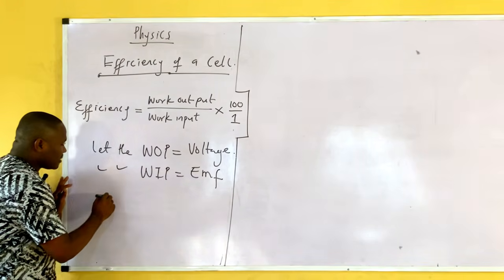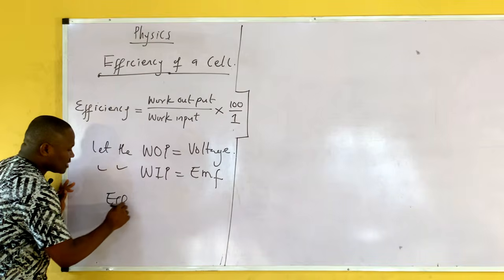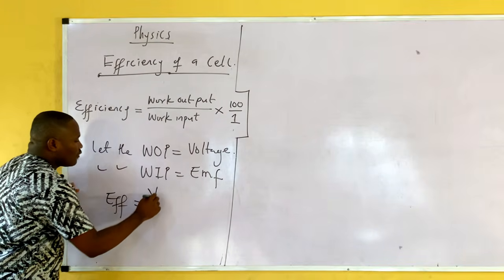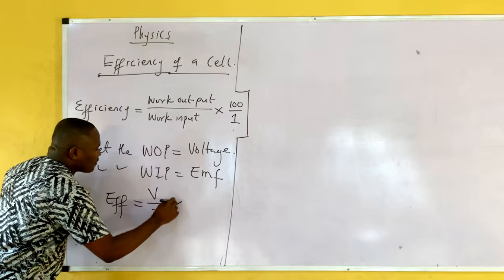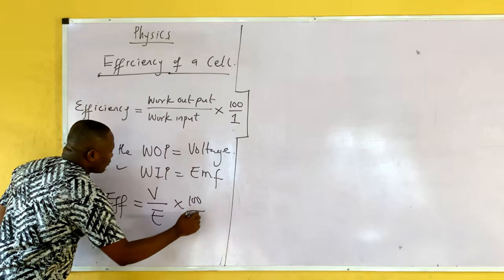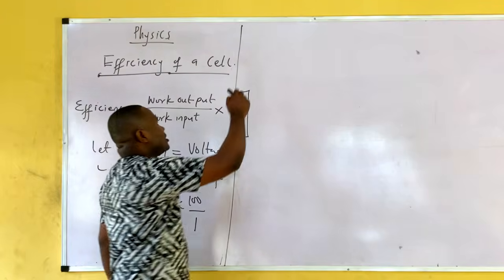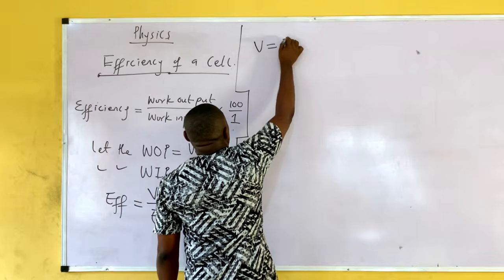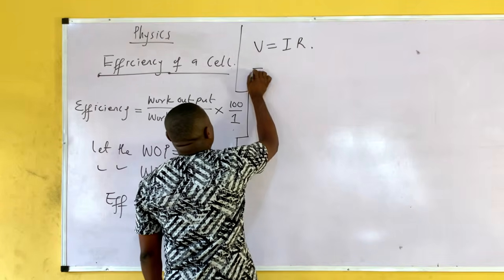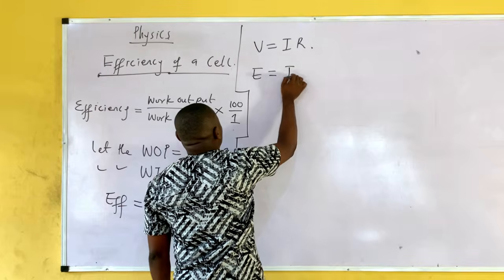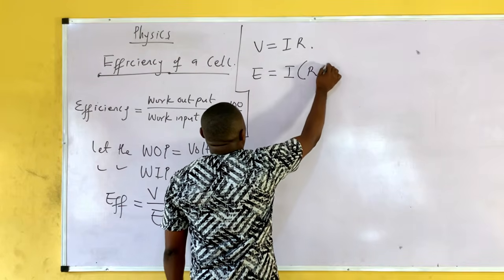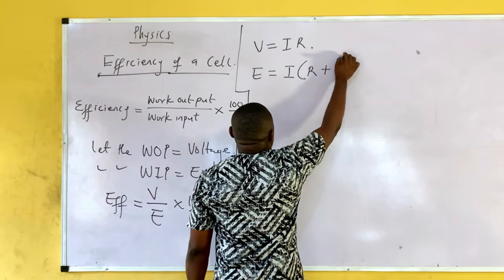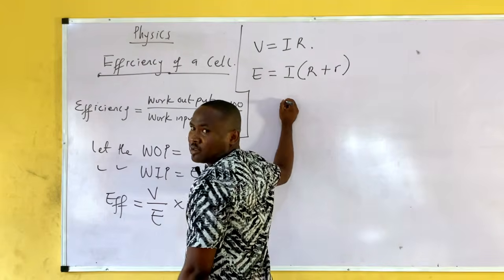So now what will efficiency be? Efficiency is equal to voltage over EMF times 100 over 1. Now, what is voltage? V is equal to I R. What is EMF? EMF is equal to I open bracket external resistance plus internal resistance.